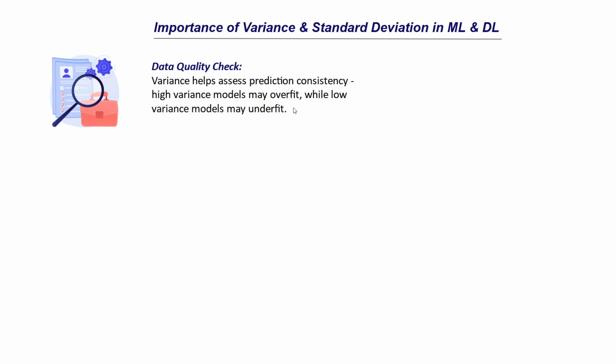You can try to understand why we have this. In general, if a model has high variance, that means it's overfitting, but when a model has low variance, that means it's underfitting. Let's say we have a model and you give different data points to that model.